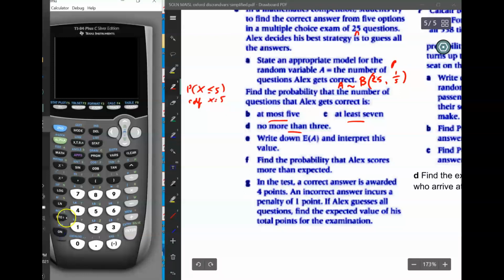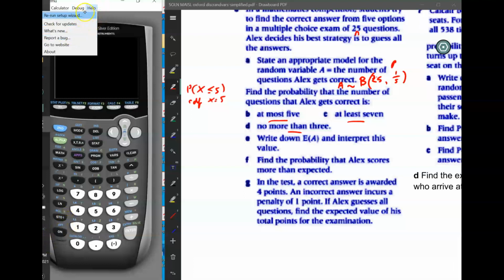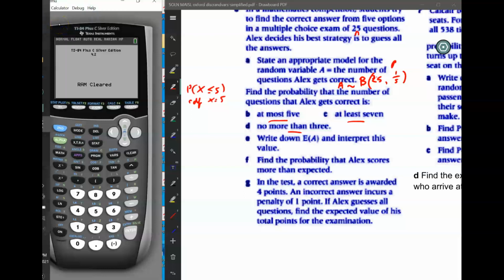So let's do that. We're going to do binomial CDF. Biggest challenge is to actually turn on the calculator. Okay, so we go to second distribution, second page, we do binomial CDF, because CDF does less than or equal to.